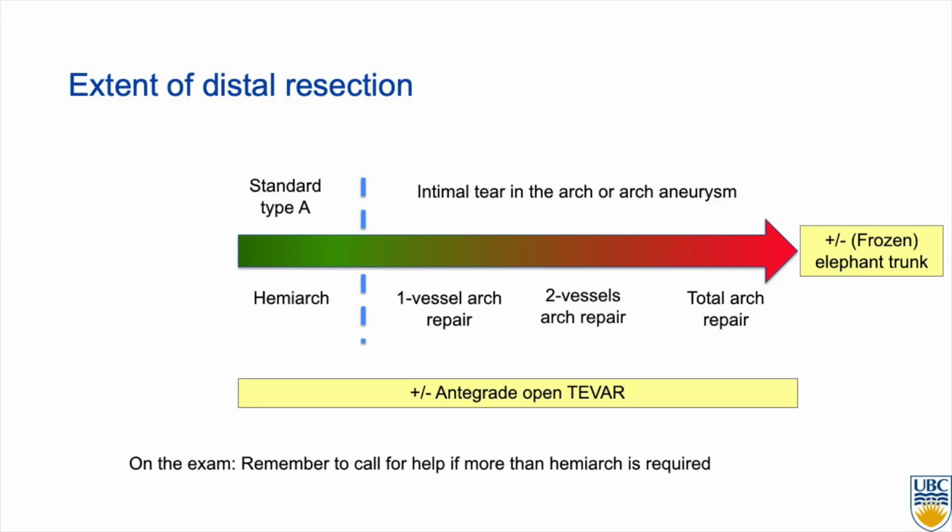Now, the least extensive distal resection that should be performed should be a hemiarch under circulatory arrest in order to be able to put together the various layers of the dissected aorta. However, if the intimal tear goes into the aortic arch, then in order to resect this intimal tear, a more extensive resection may be warranted.